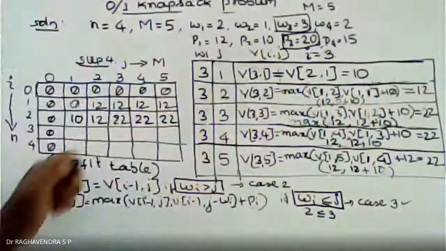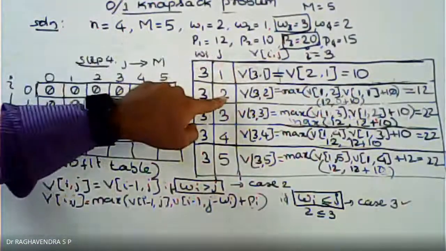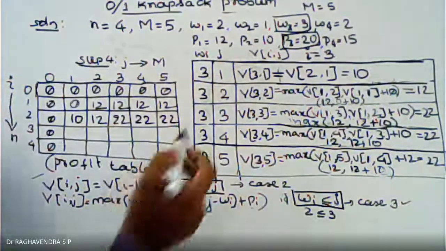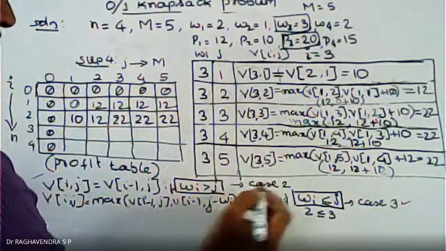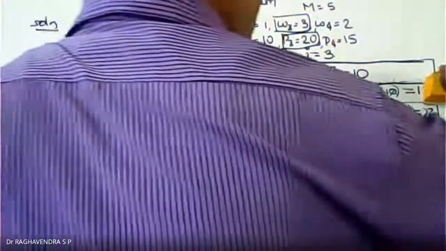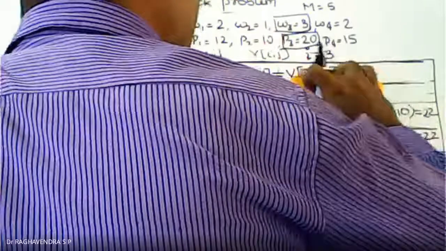Fine. Next, we shall go to j is equal to 2. That is, the remaining capacity j is 2 now. Once again, identify the relationship, case 2 or case 3. Case 2, because 3 is greater than 2.